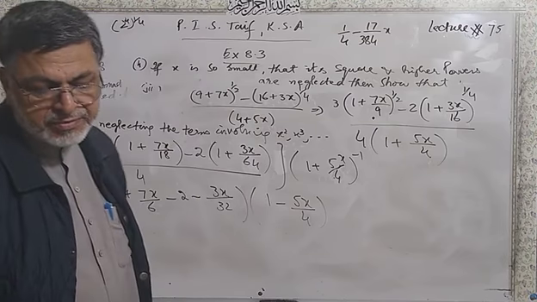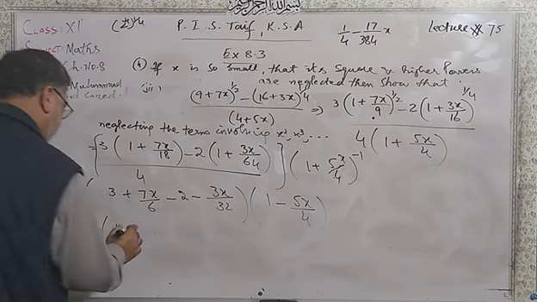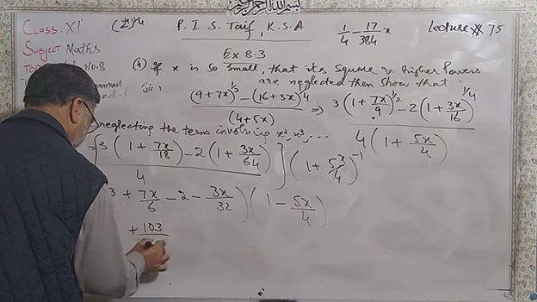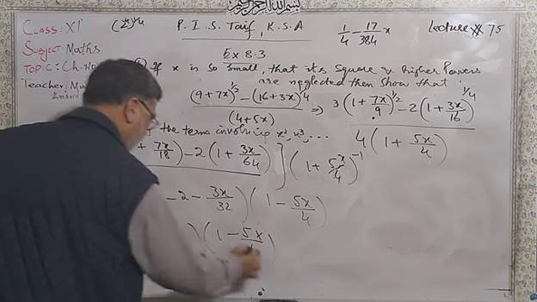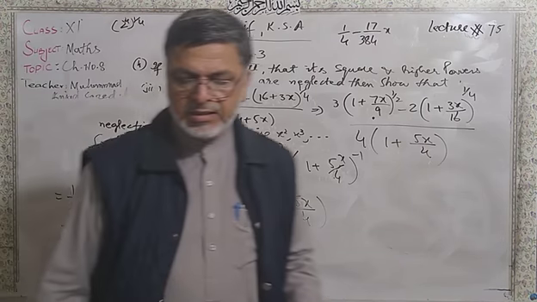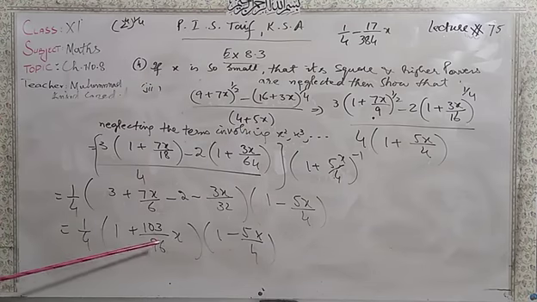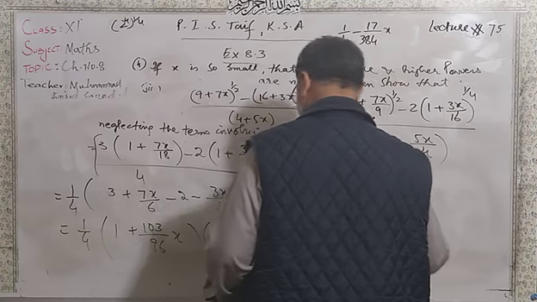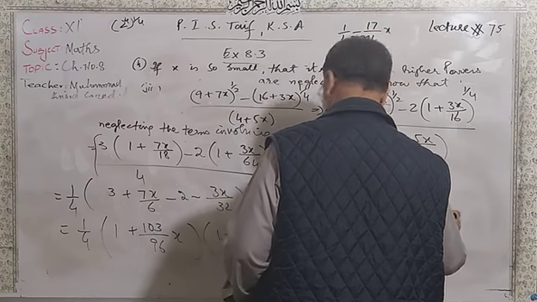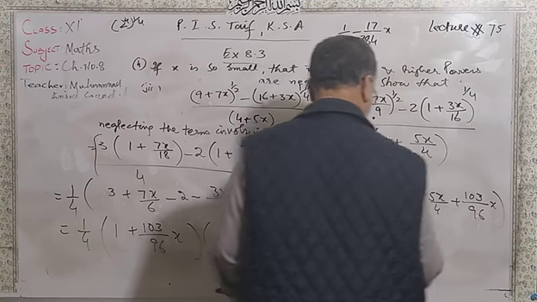So we can have 103 over 96 x, into 1 minus 5x over 4. Now you multiply these brackets. We can have 1 over 4 into 1 minus 5x over 4 plus 103 over 96 x.